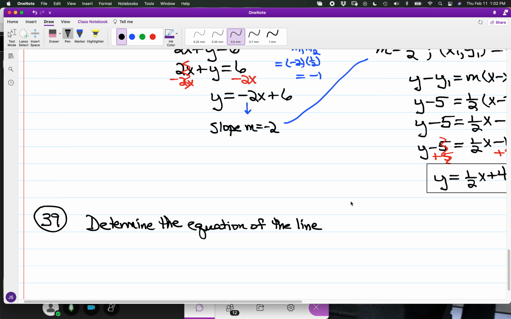So I'm looking at determining the equation of the line that runs through (6, -4).